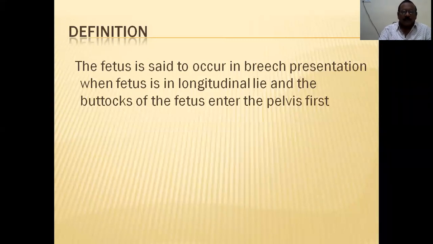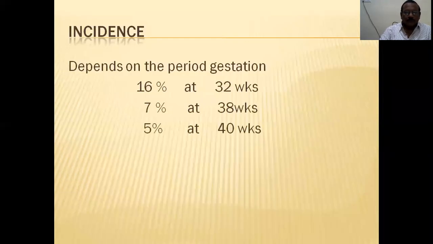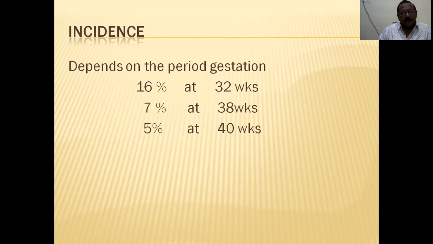So as I said, breech presentation is when the fetus is in the longitudinal line and the buttocks of the fetus enter the pelvis first. This is how the uterus looks, with the head at the fundus and the breech in the pelvis, occupying the lower uterine segment. The incidence of breech presentation depends on the period of gestation.